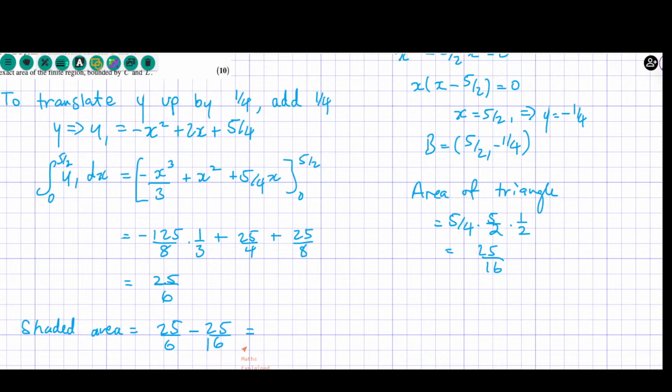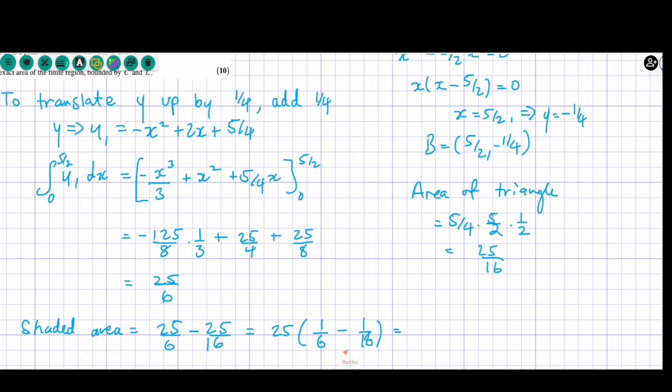And again, just plug it into your calculator. I don't see any reason to mess around with fractions here. I mean, if you want to have some fun, you can.